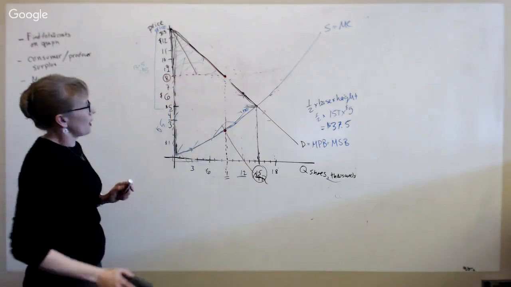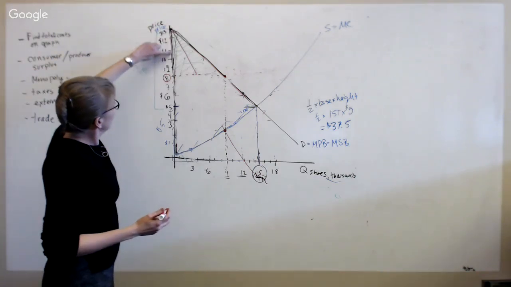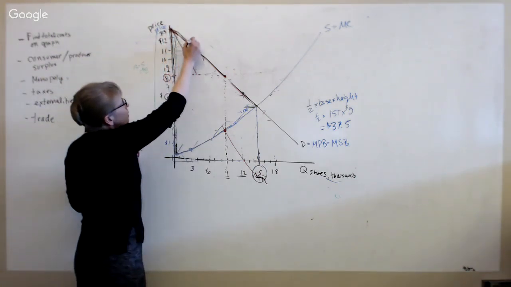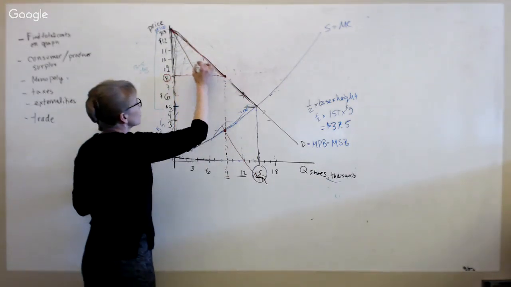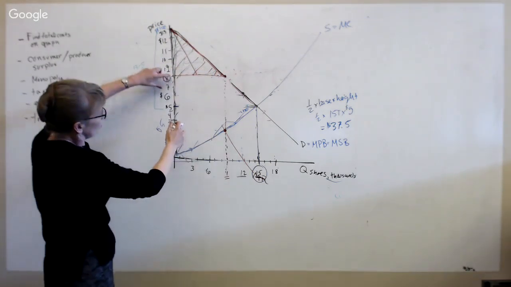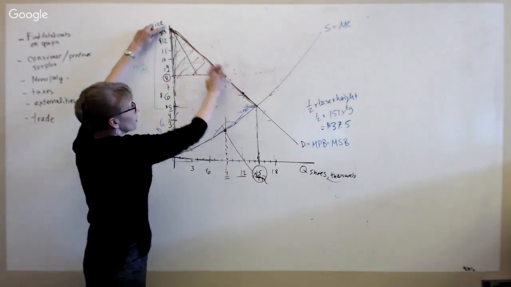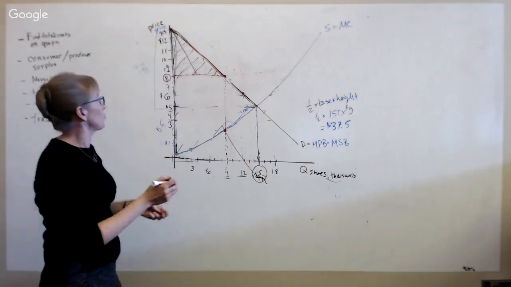and charge $8 a pair. So we can find consumer surplus: the area under the demand curve to the price paid and the quantity consumed. So here's our consumer surplus. Now, you see it shrunk quite a bit because our consumer surplus used to be this whole triangle, and now it's this smaller triangle. But we still have some consumer surplus.